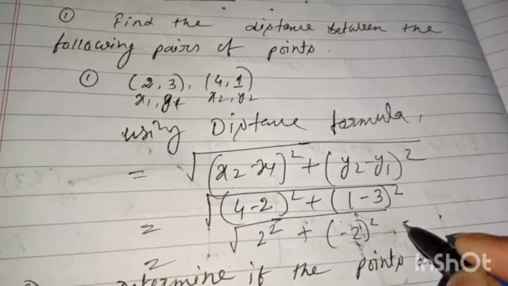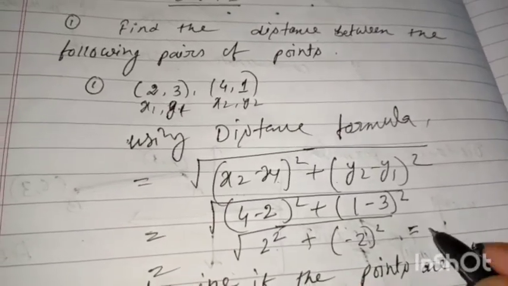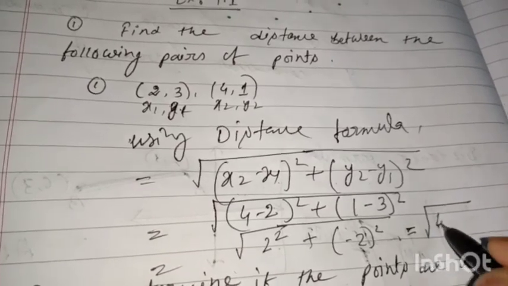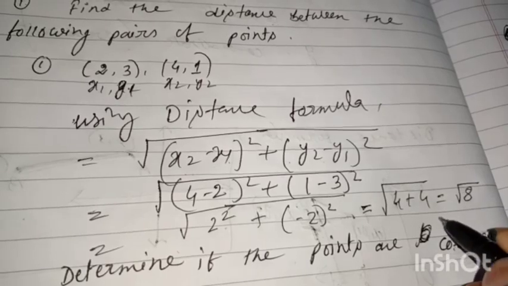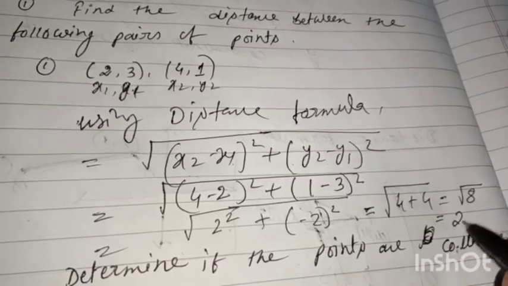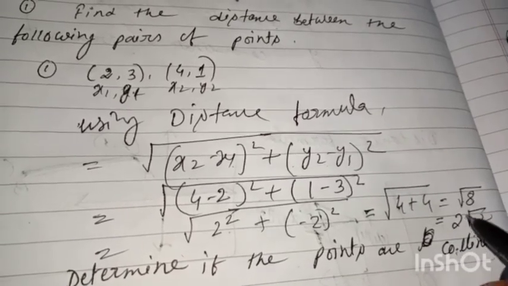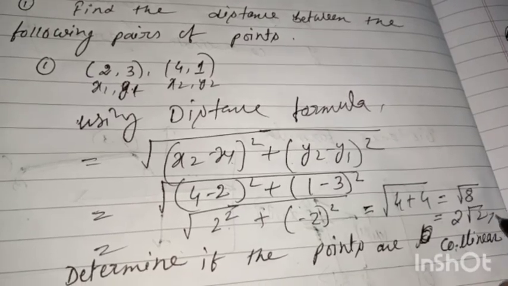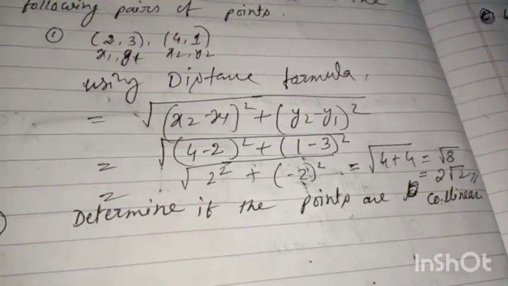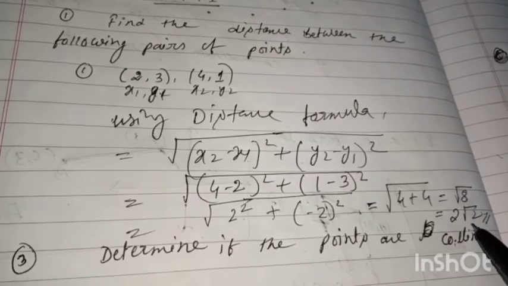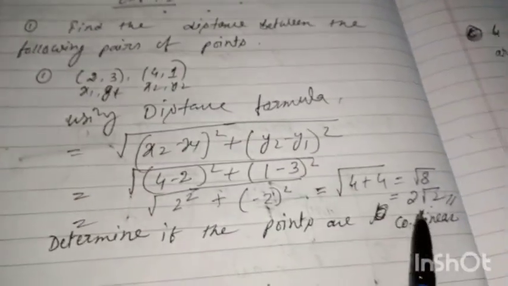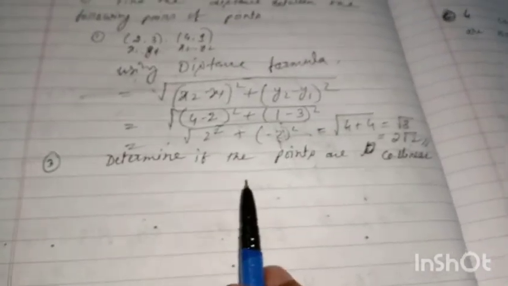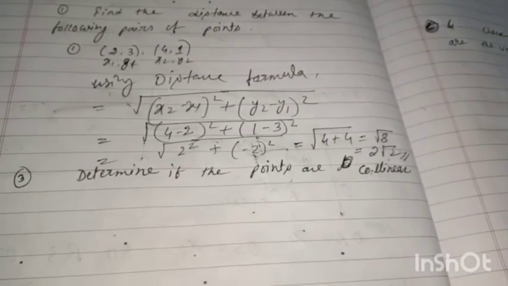So okay, 2 square is what? 4, and minus 2 square is also 4, and 4 plus 4 is what? Root 8, or root 8 you can break and write what? 2 root 2, because 4 into 2, 4 square root is 2, so 2 root 2. Understood? Like this you can use distance formula. So what is the distance between these 2 points? What? 2 root 2.